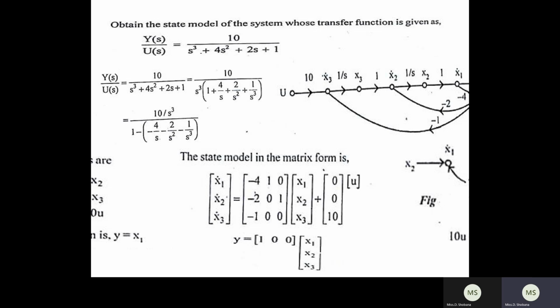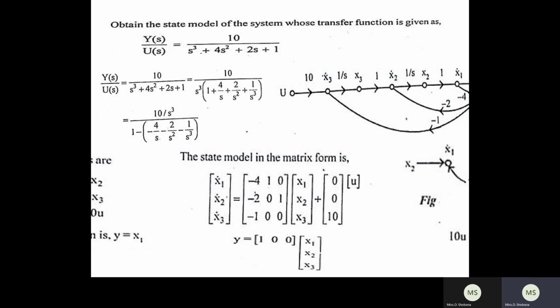The denominator s cubed can be taken into the numerator, so the numerator is 10 divided by s cubed, divided by 1 minus, replacing with the minus values: minus 4 divided by s, minus 2 divided by s squared, and minus 1 divided by s cubed. From this transfer function simplification, you can draw the signal flow graph. The highest s power is 3, therefore three 1 by s branches will come, for the integration.